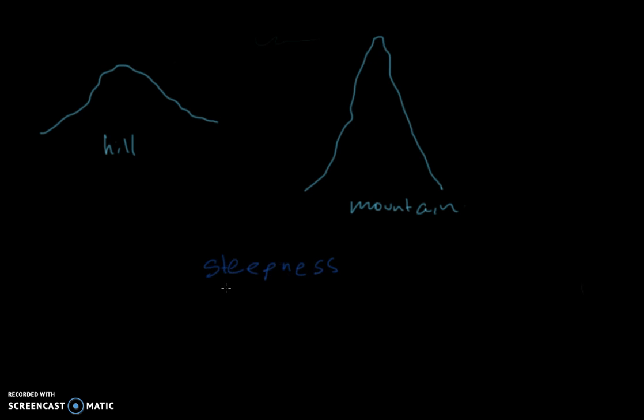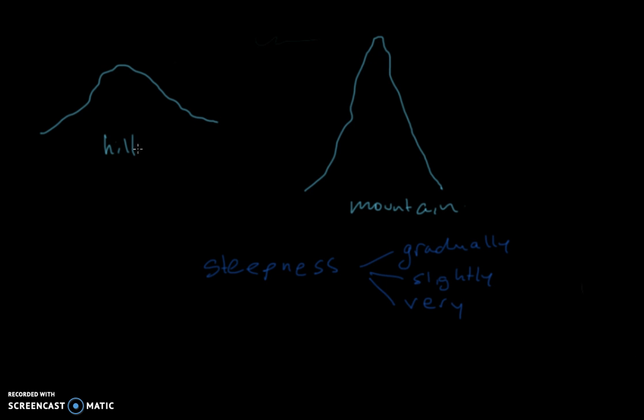Now, in mathematics, we don't really use the word steepness because in English you can say something is sort of gradually or slightly steep, or you can say very steep, but these don't really give you an idea of how steep something is.